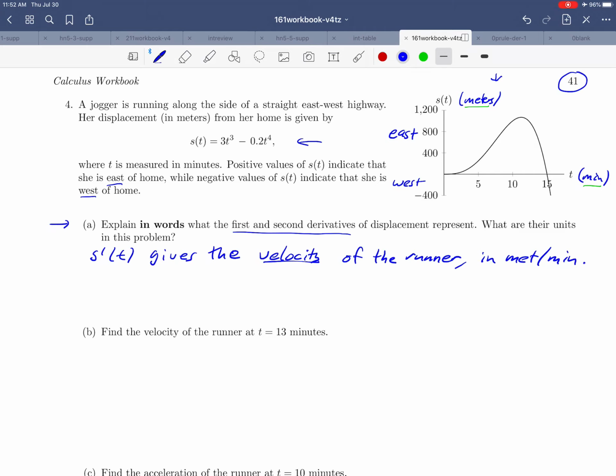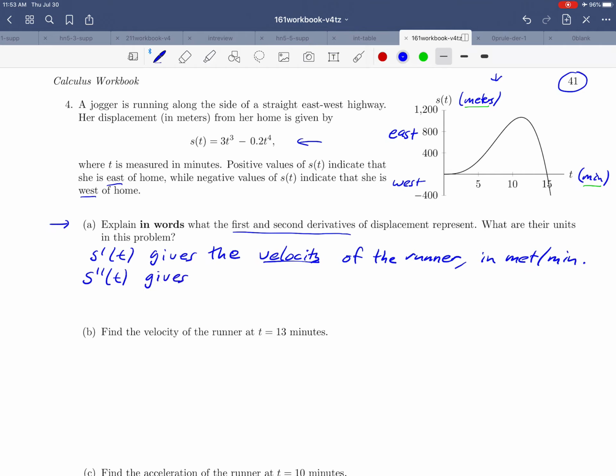Well, what about the second derivative? The second derivative is about the rate at which the first derivative is changing. So what quantity measures the rate at which a velocity changes? If you think about it, the rate at which velocity changes is acceleration. We've talked about that earlier a couple of times.